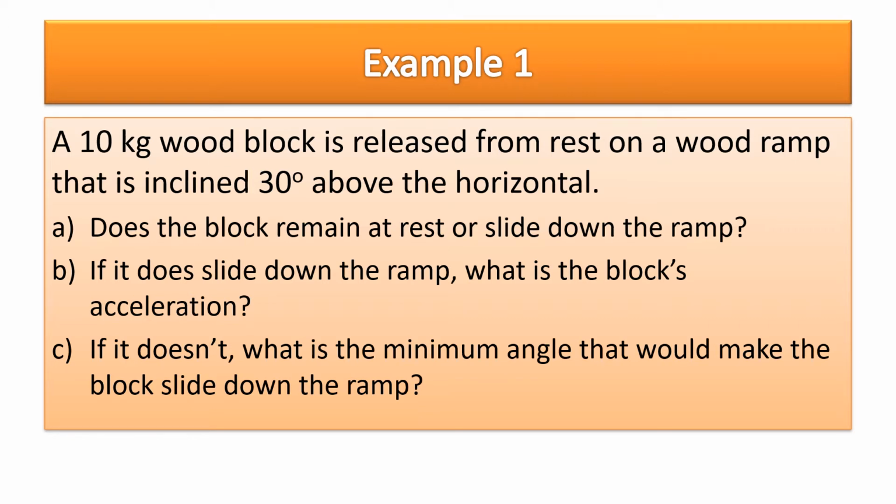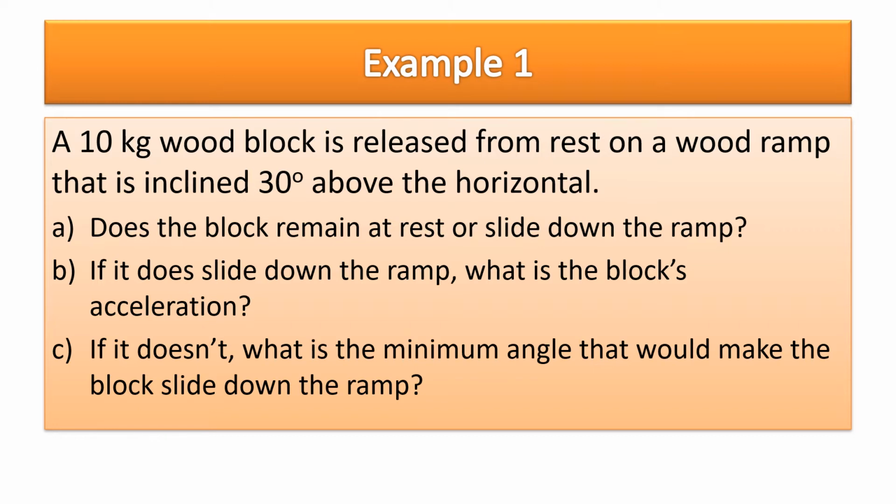Number one says a 10-kilogram wood block is released from rest on a wood ramp that is inclined 30 degrees above the horizontal. Does the block remain at rest or slide down the ramp? So it's just hanging out there in the beginning, and then you release it, but does it slide down or does it remain on the incline?